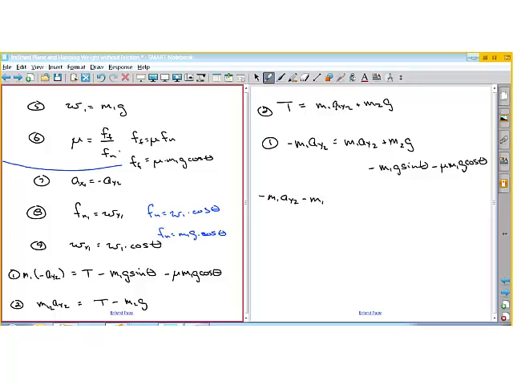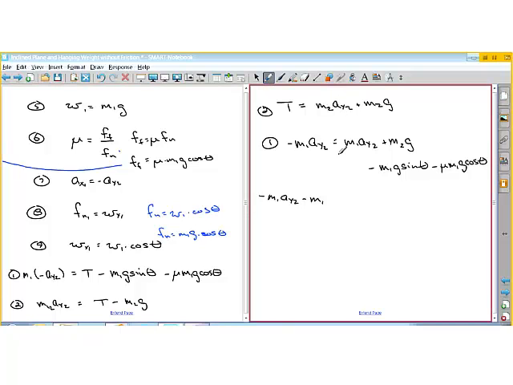So that's m2. a sub y2 is equal to m2g minus m1g sine theta minus mu m1g cosine theta.